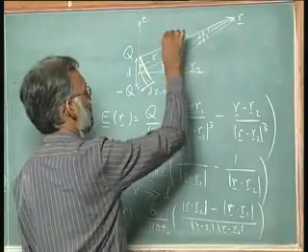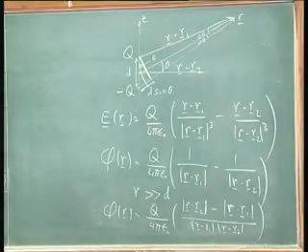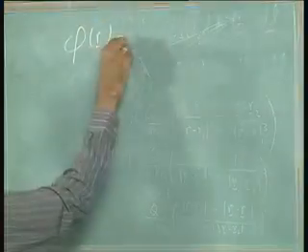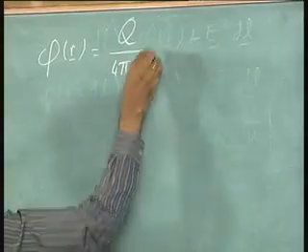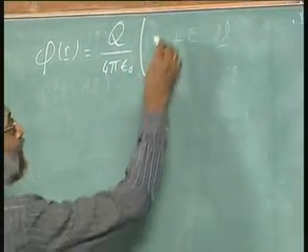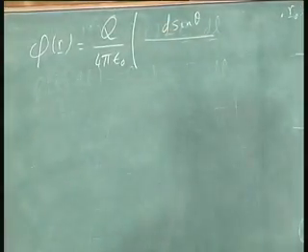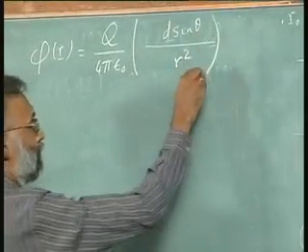Now, each of these distances is more or less equal to net distance r. So, the denominator can be simplified. So, what you get is phi of r is equal to q over 4 pi epsilon naught times the difference in distances we worked out, d sin theta, divided by the denominator, which is nothing but r squared.